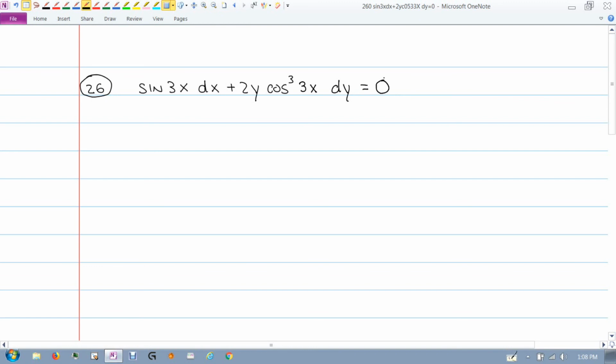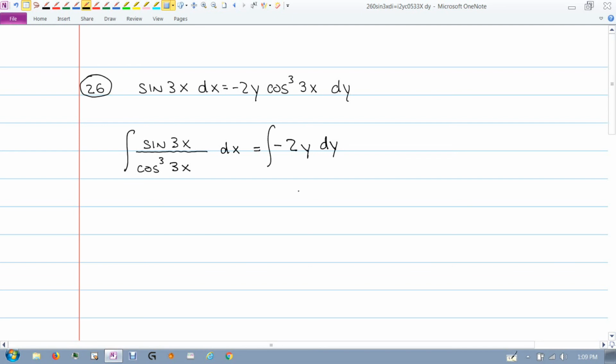So let me move this whole expression over to the right side, which is going to make it equals negative. And then I'm going to divide both sides by cosine cubed 3x. So we have sine 3x over cosine cubed 3x dx equals negative 2y dy. And we're ready for integration at this point.